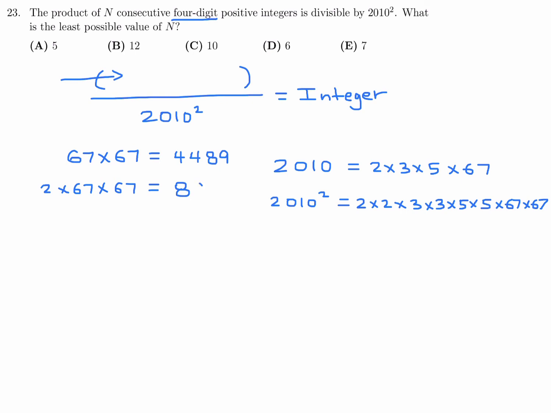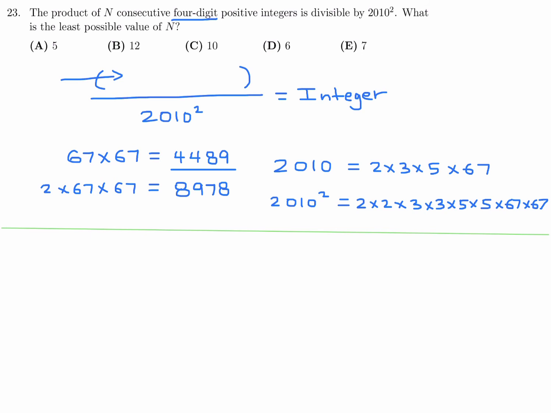You can't go any higher, because if you started using 3s and 2 67s, you would no longer have a 4-digit number. You'd have a 5-digit number, 13,000 something. So these are the only two 4-digit numbers. So my string of 4-digit numbers that I put in my numerator has to be somewhere plus or minus those numbers. So first, let's just start with this guy here, and let's see what we get.